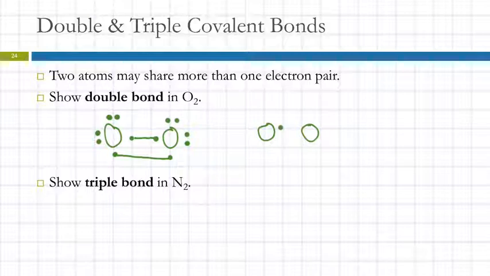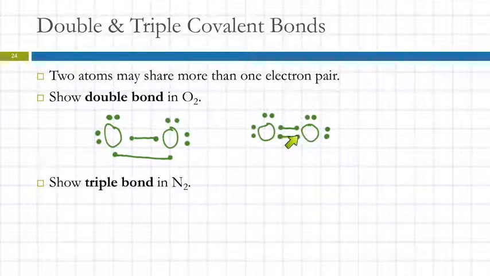So we have 2 pairs of electrons. They are going to be shared. And then each of these is going to have 2 lone pairs. Okay? So this oxygen has 2, 4, 6, 8.